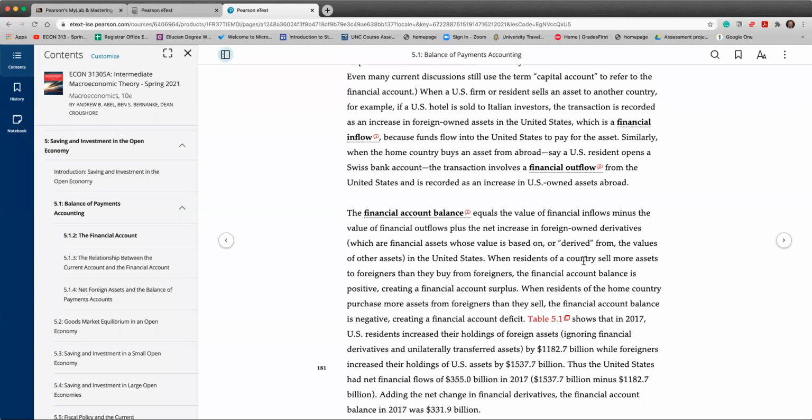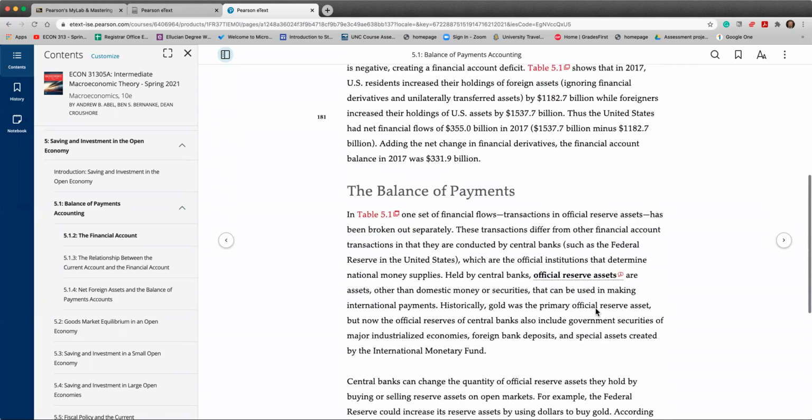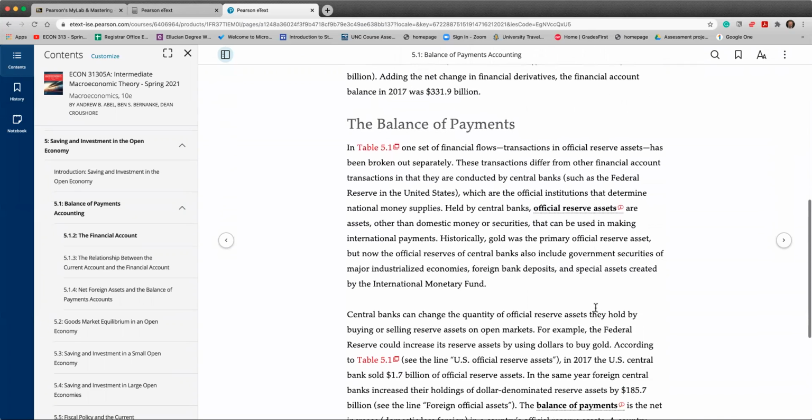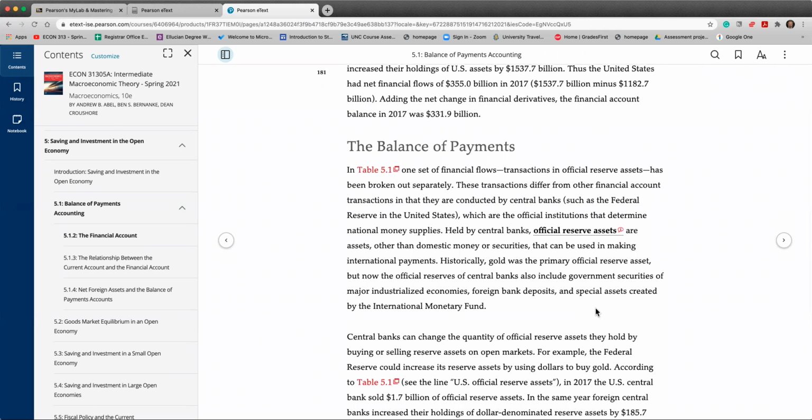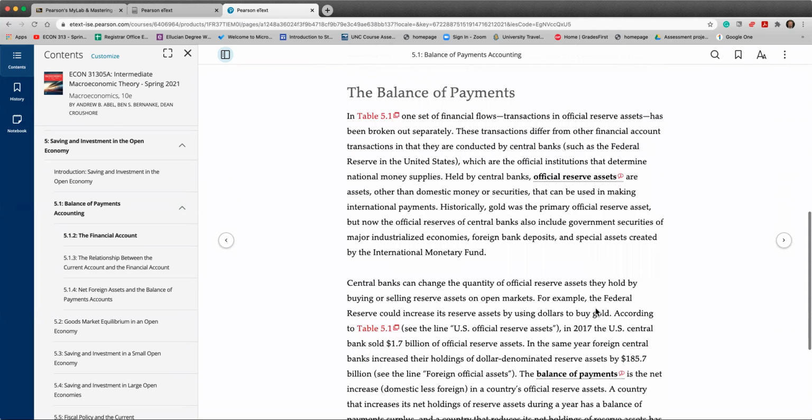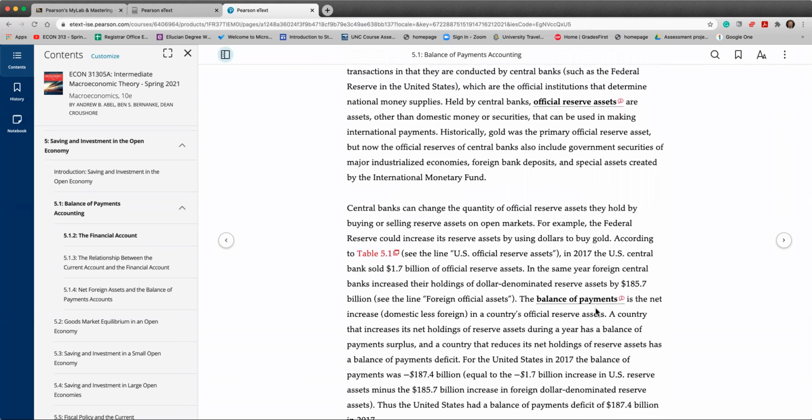In that case, dollars are flowing in to buy the stock, and that's a plus in the financial account. Okay. So the balance of payments is accounting for both of those kinds of dollar flows. So it's a way to keep record of that.